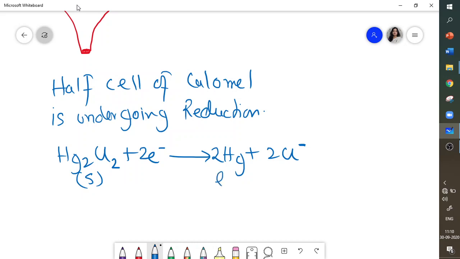The mercury is liquid because mercury is liquid at room temperature, and the chloride is aquated. So this is your reduction reaction.